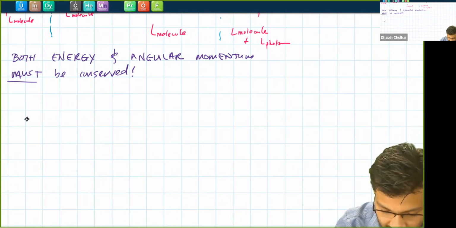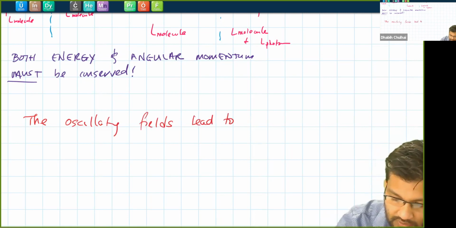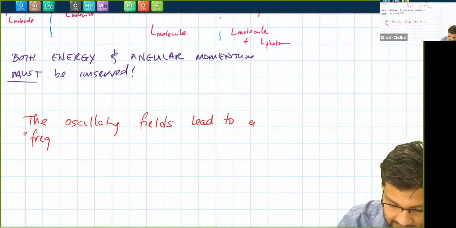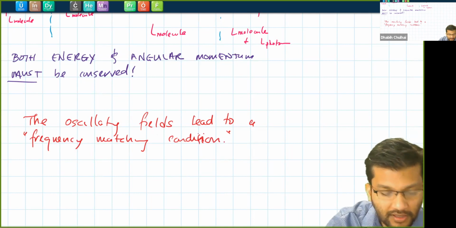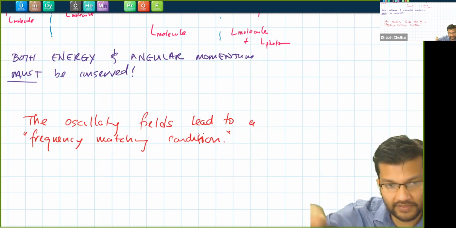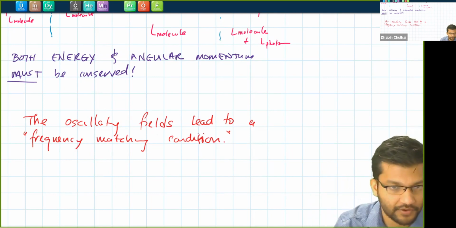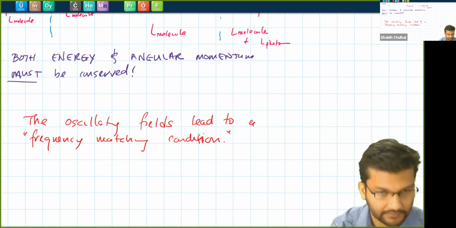So we call that the oscillating fields lead to what we call a frequency matching condition. All that means is that this going back and forth with the electric and magnetic field, somehow that property must be transferred into the molecule if it's absorbed, or emitted from the molecule if the photon is emitted.